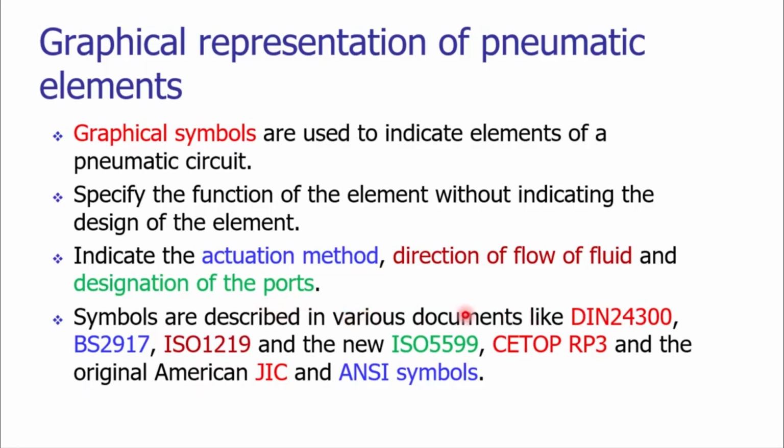We follow various available standards, such as DIN 24300, BS 2917, ISO 1219, the newer ISO 5599, and many others. Industry people follow them and design the various pneumatic circuits.